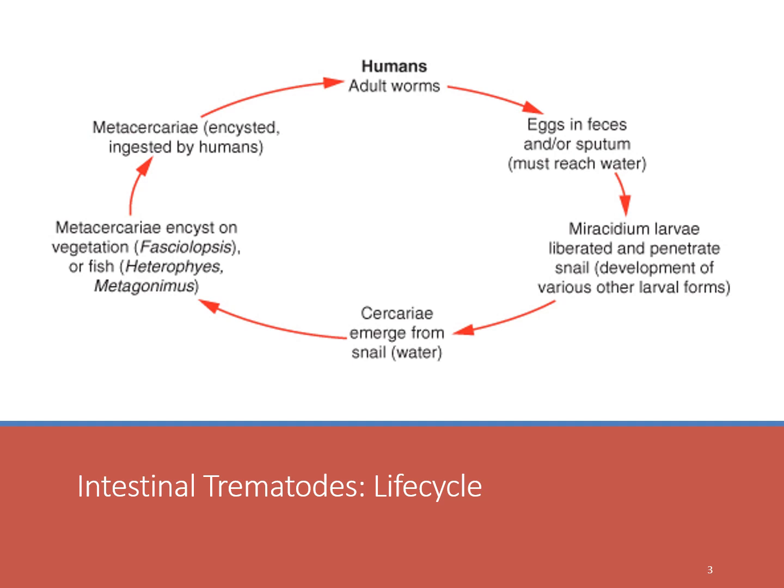Then it will emerge from the freshwater snail and can be deposited on vegetation or within fish. From there it is ingested by the human and becomes the adult worm within the human, and those eggs can be redeposited into the feces, and the cycle starts all over again.